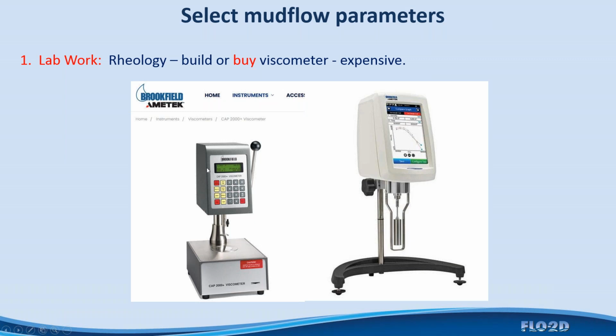And be very careful. You want slow speeds. If you build or buy a viscometer, your rotational speeds should be such that the shear rate, the du dy vertical velocity distribution, is on the order of what you see in the field.